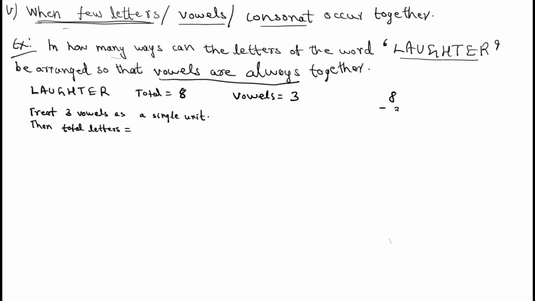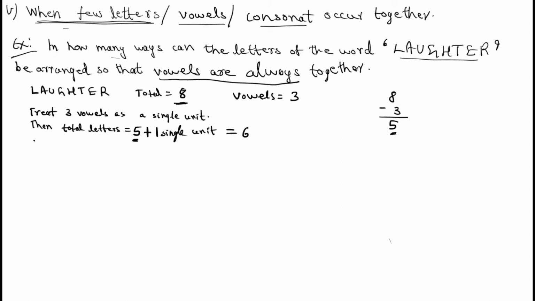From those 8 letters you are treating 3 letters as 1 letter. 8 minus 3, how many letters remain? 5 letters remain, plus 1 single unit, which is equal to 6. Clear? Total 8 letters are there, and among them 3 vowels. You are treating the vowels as a single unit. So 5 letters remain plus 1 single unit having 3 elements. Total 5 plus 1 equal to 6.